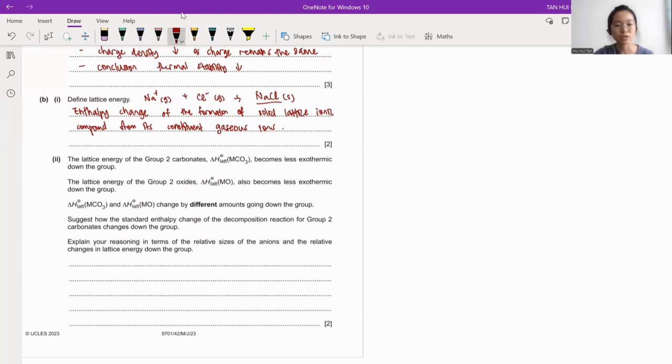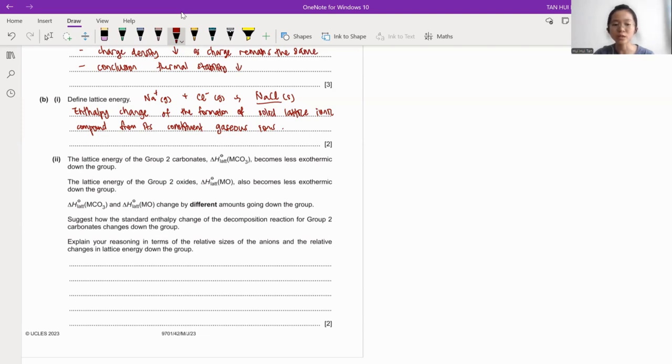The lattice energy of the group 2 carbonates, MCO3, becomes less exothermic down the group. The lattice energy of the group 2 oxides, MO, also becomes less exothermic down the group. Lattice energy of MCO3 and MO change by different amounts down the group. Suggest how the standard enthalpy change of the decomposition reaction for group 2 carbonates changes down the group.